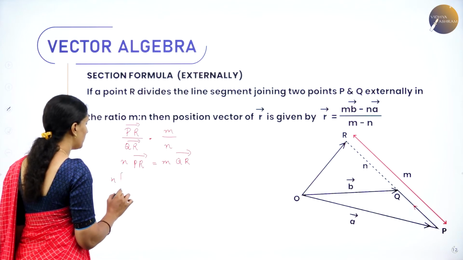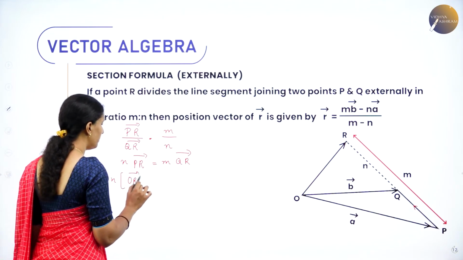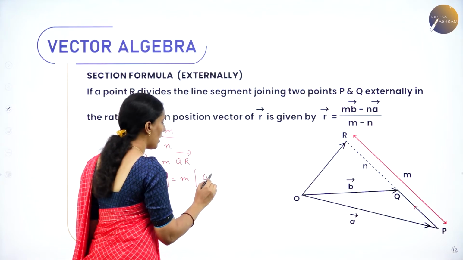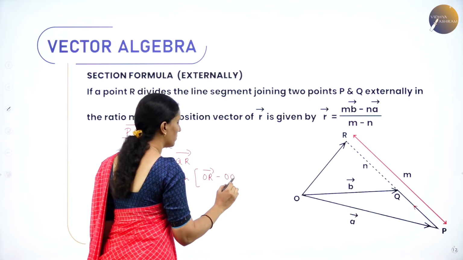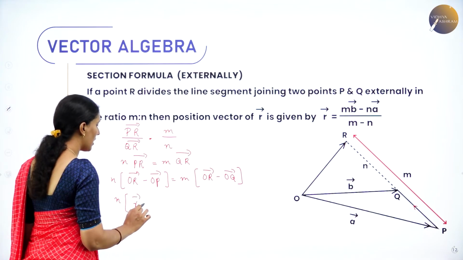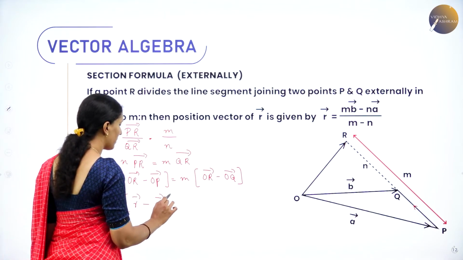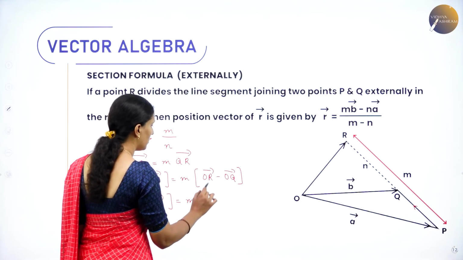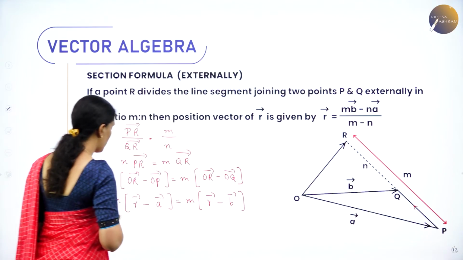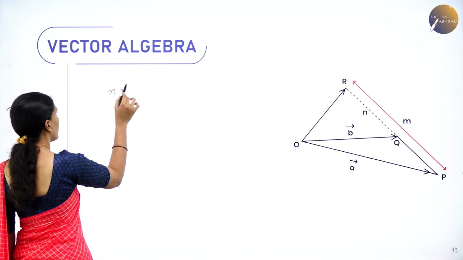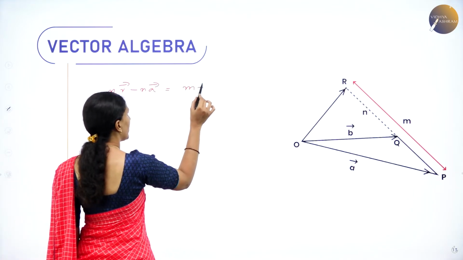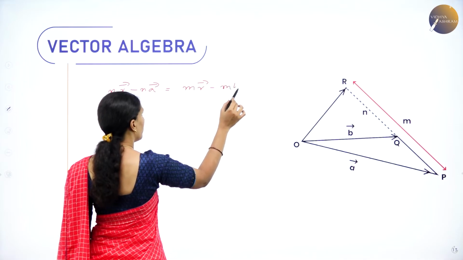So N into OR minus OP, M into OR minus OQ. So now we have N into vector R minus OP is vector A, M into OR is vector R minus vector B. So you will get here N into vector R minus N into vector A is equal to M into vector R minus M into vector B.